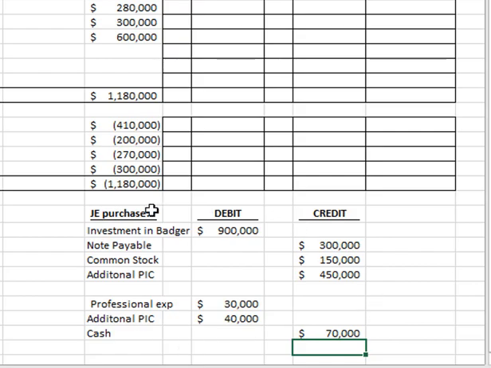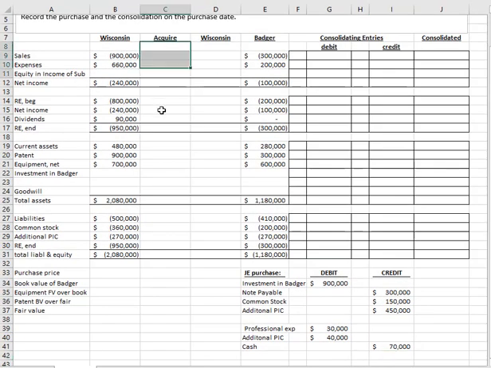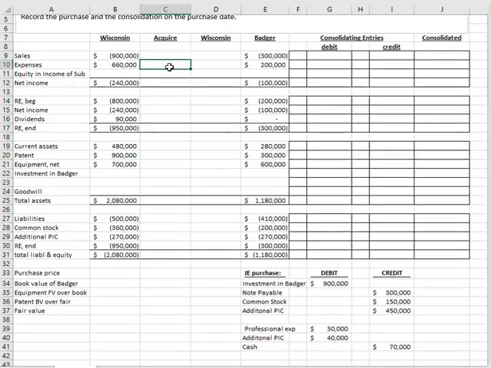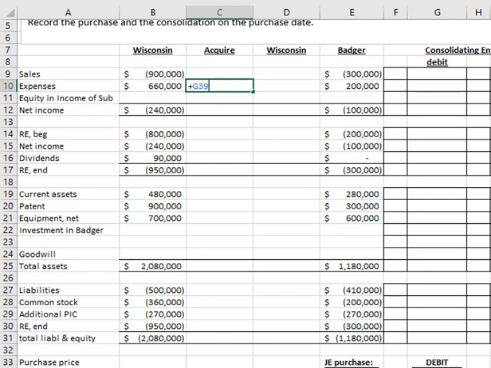So what we want to do is take this activity here and post it in here. All right, so no change to sales, but there is an expense. And so net income is going to be, excuse me, that's going to be a positive number because it's showing here as a credit. So positive numbers are debits, credits are in brackets here.